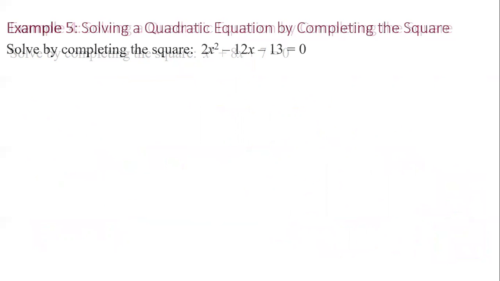Okay. So let's talk about what if your a does not equal 1. If your a does not equal 1, then you're going to have to divide. First step is we're going to move our c term.